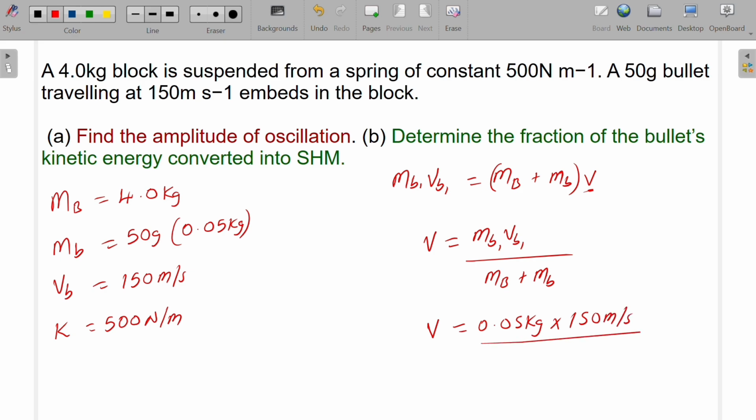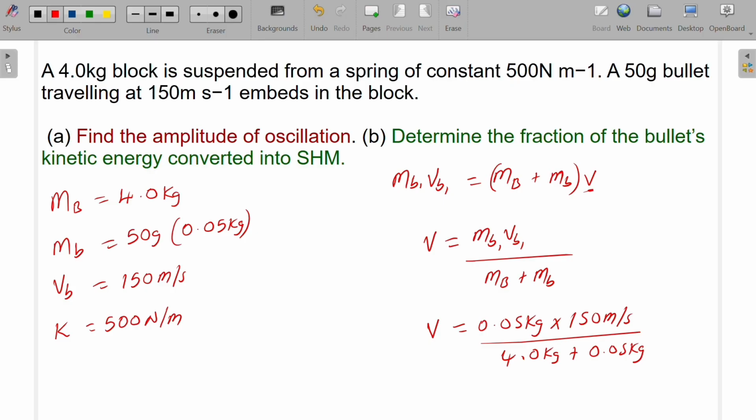Then this will divide by the mass we have for the block first, which is 4.0 kgs. Then this will be added to 0.05 kgs that we have for the bullet. So now we need to do our mathematics here and find our speed.